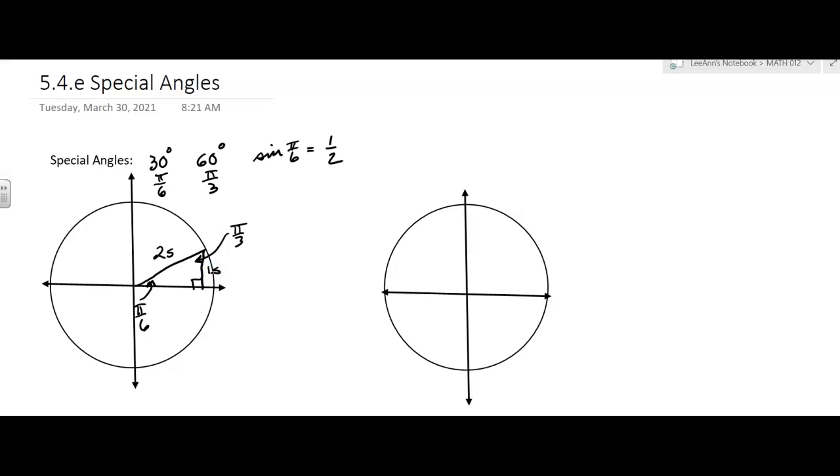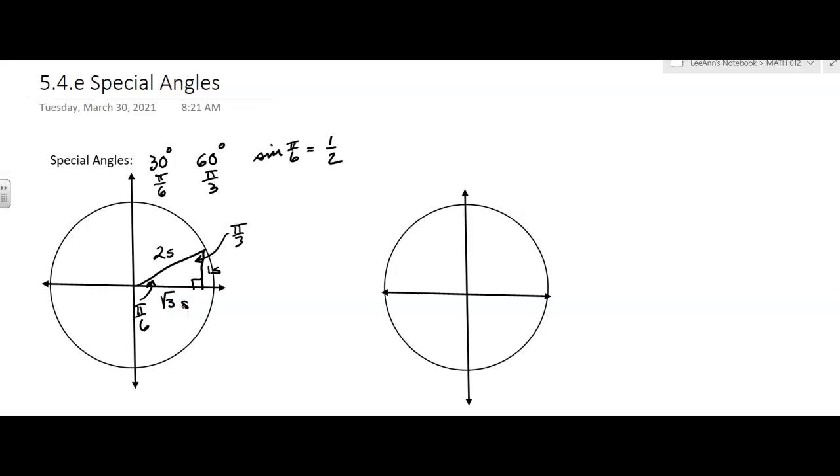And we don't know how long that s is. So if we knew the radius, or the hypotenuse, we would know what that is. But it's going to work out okay. And then this one would be the square root of 3 times s.